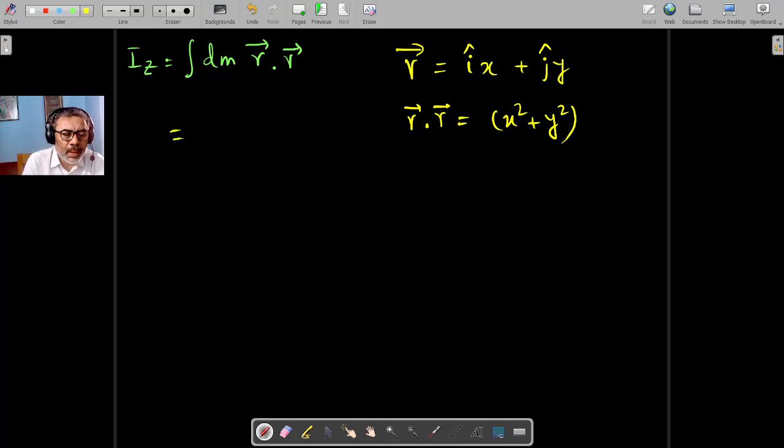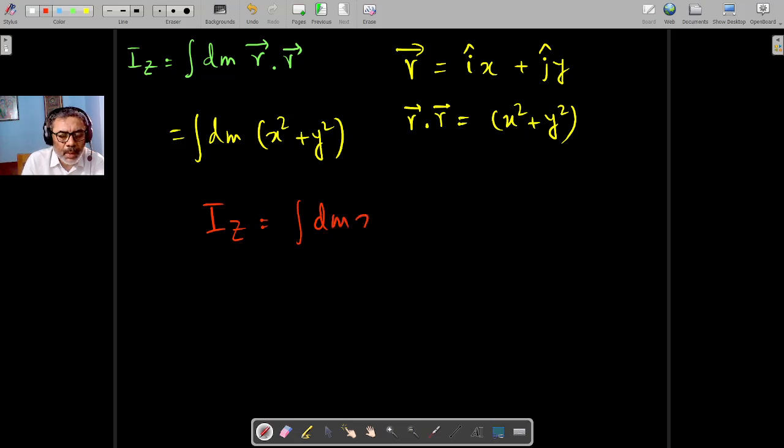Then we get Iz equal to integral dm (x square plus y square), or we can write Iz equal to integral dm x square plus integral dm y square. This is the perpendicular distance from the y-axis, and this is the perpendicular distance from the x-axis.